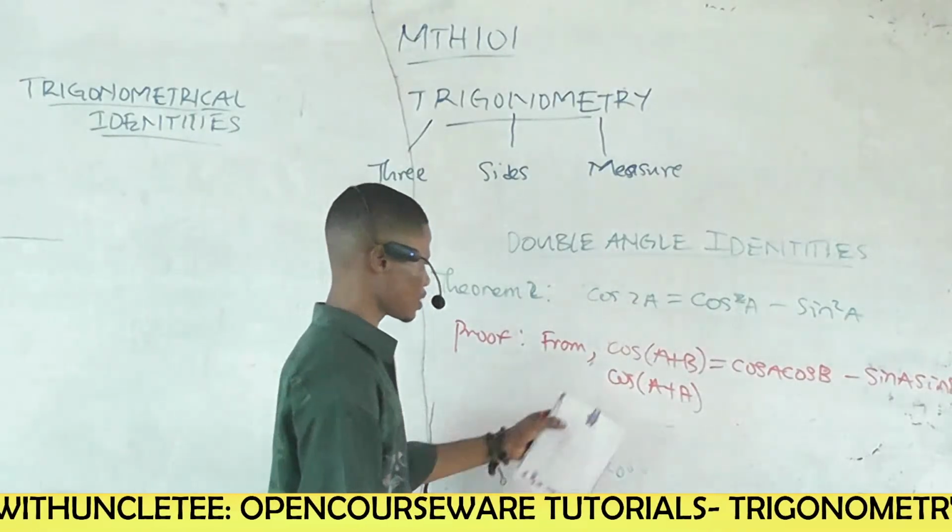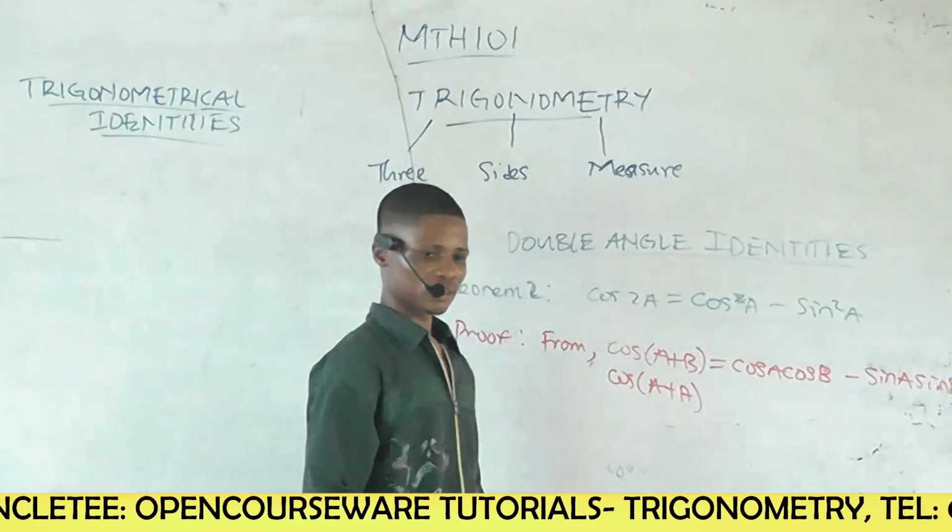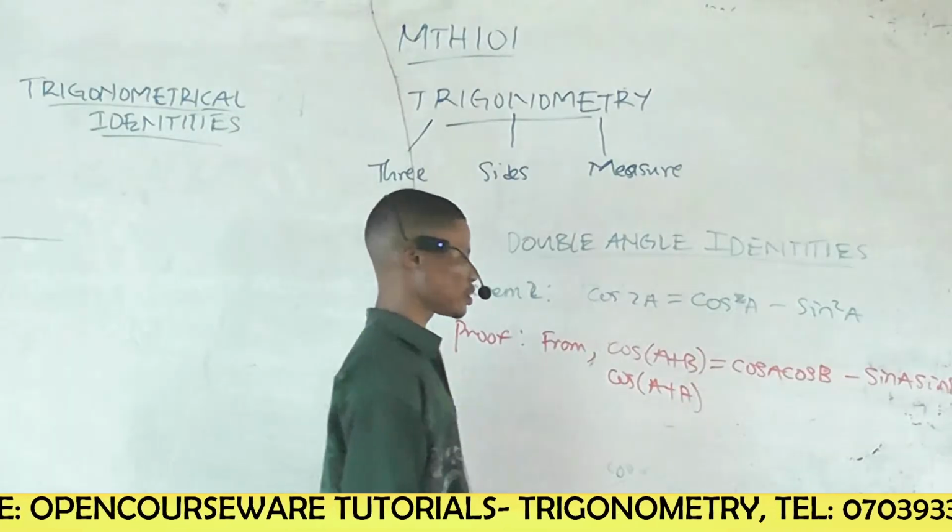You can just say 30 degrees plus 30 degrees, then you input it and get your answer.